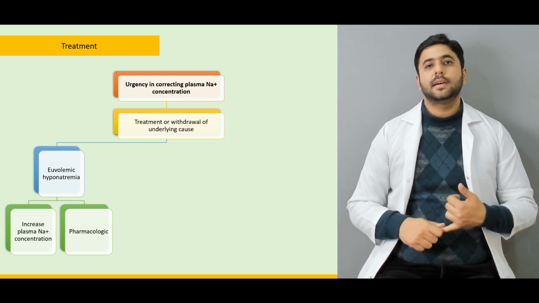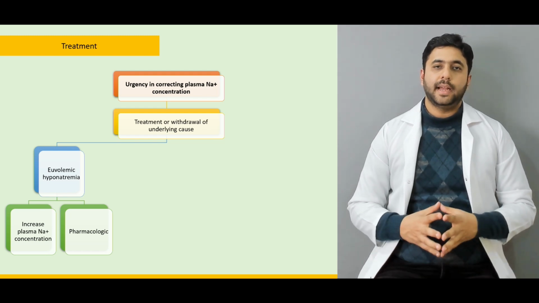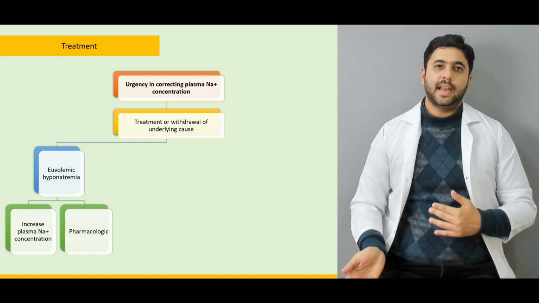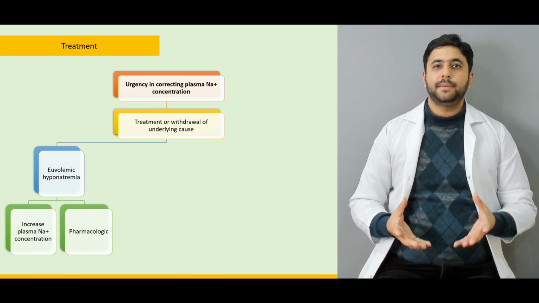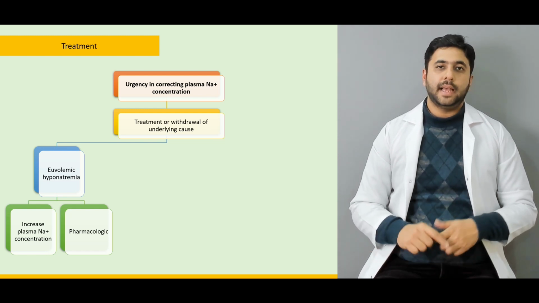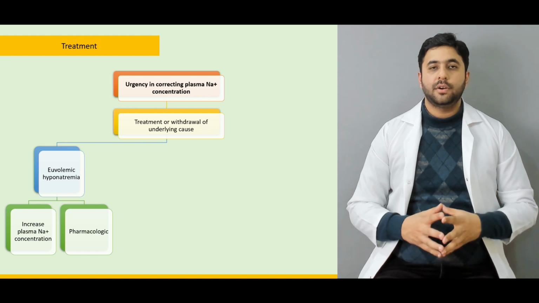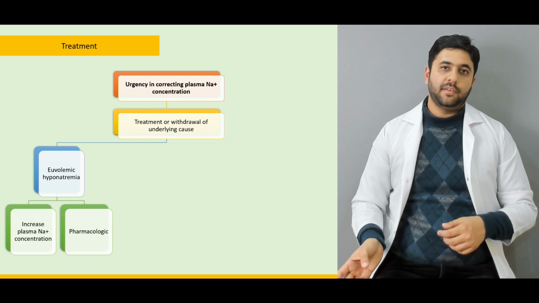And if these treatment modalities are not working, then we have certain drugs like demeclocycline, which act at the level of the kidney, and they are ADH inhibitors. Similarly, for the treatment of chronic hyponatremia, we have ADH inhibitors in the form of vaptans, which nullify the effect of the ADH at the level of the kidneys.